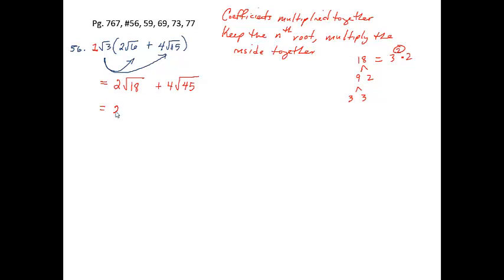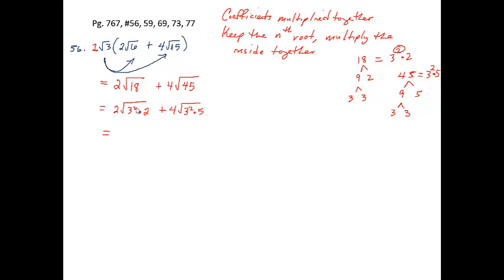So this becomes 2 times the square root of 3 squared times 2, plus 4 times the square root of, well, 45 breaks down into 9 times 5, and again 9 is 3 times 3. So 45 is the same as saying 3 squared times 5.